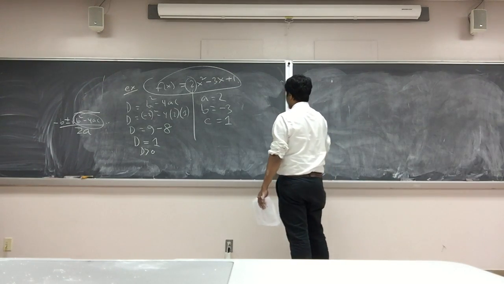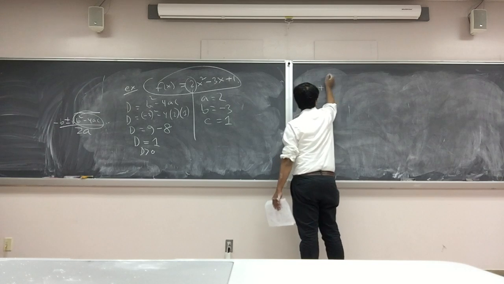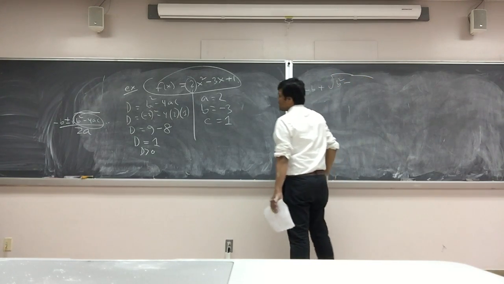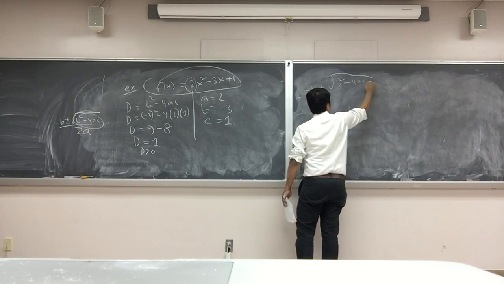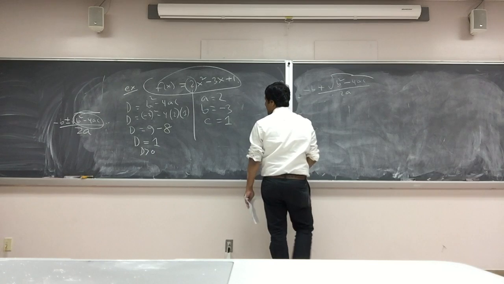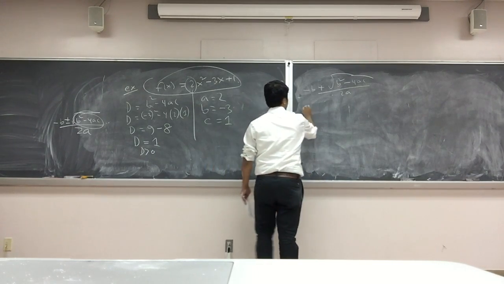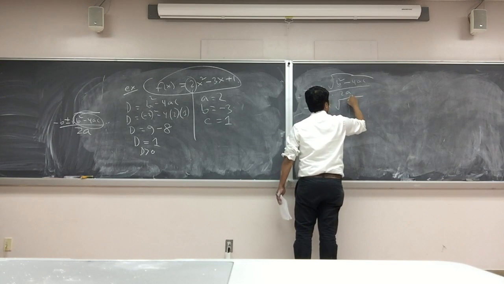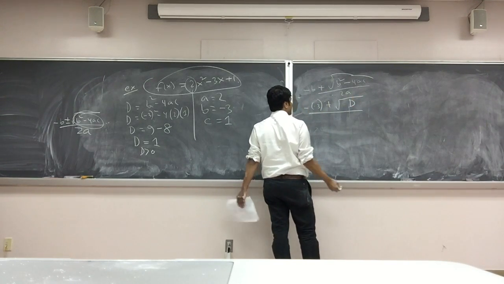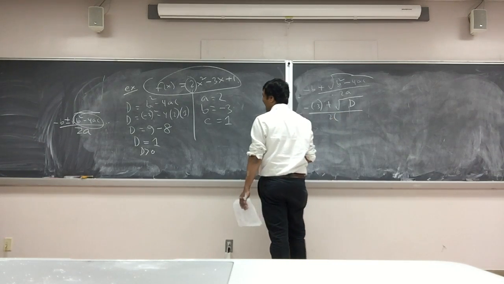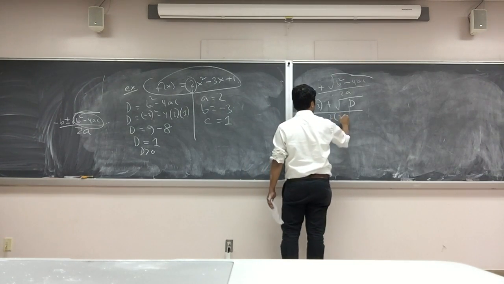Write that formula again: negative b plus minus square root of b squared minus 4ac, over 2a. So b is negative 3, plus or minus, you're going to write just D, because b squared minus 4ac is the discriminant. 2a is 2 times the leading coefficient 2.